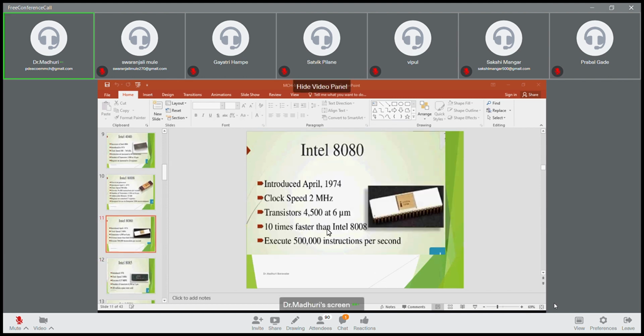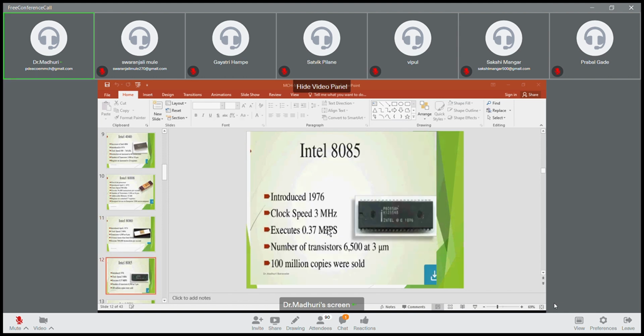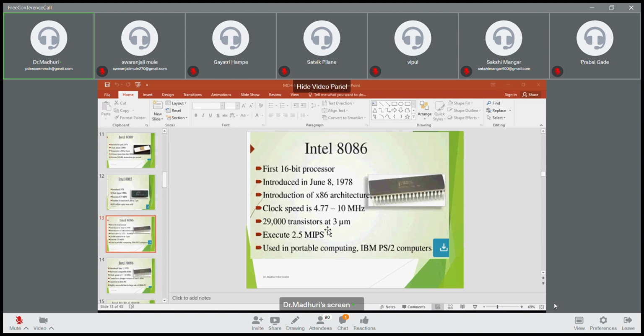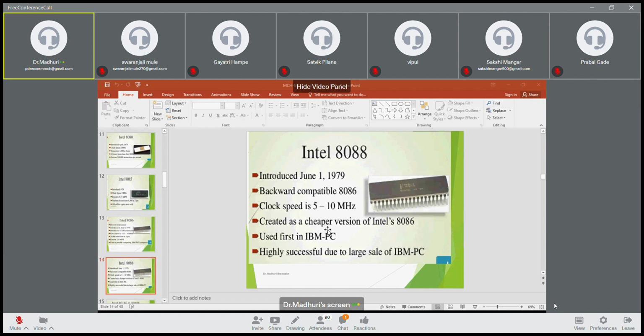Only the clock speed and transistors increased, so its speed increased. Then 8085, which is also an 8-bit processor. Then the 8086, which is a 16-bit processor. Now we have finished this 8088.